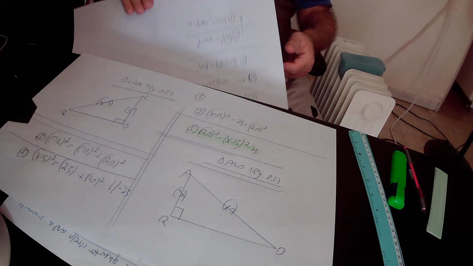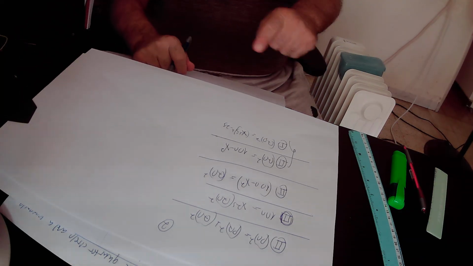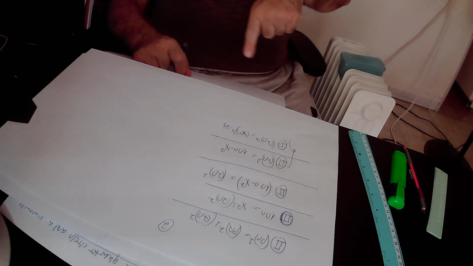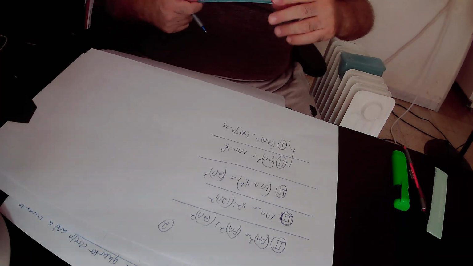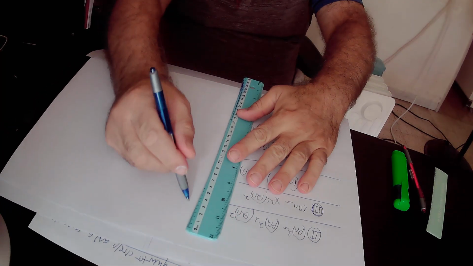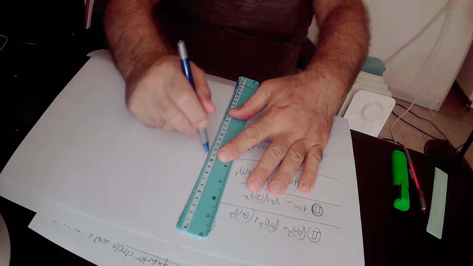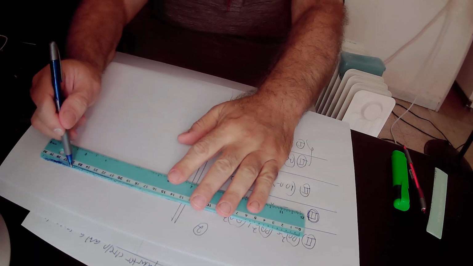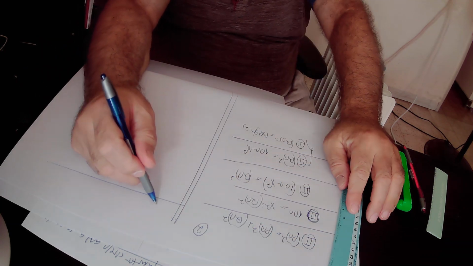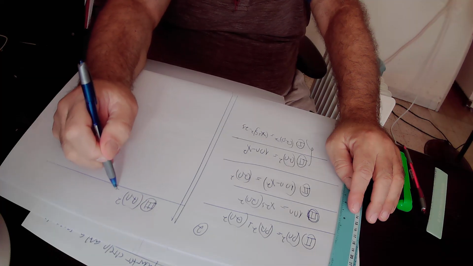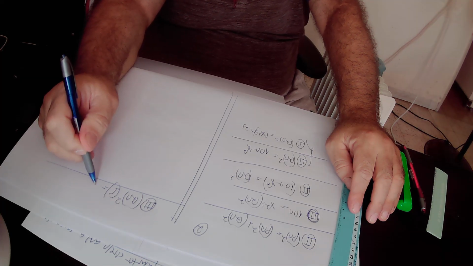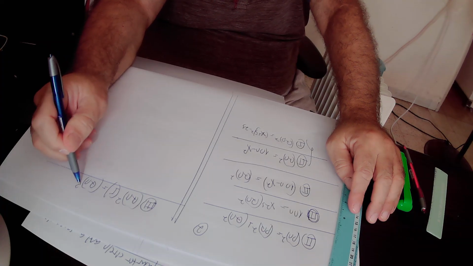So we have two different equations for QO squared. According to equation 2, QO squared equals 100 minus x squared, while according to equation 1, QO squared equals (x plus 5) squared minus 25. Therefore, we create equation 3 that states that QO squared according to equation 1 must be equal to QO squared according to equation 2.